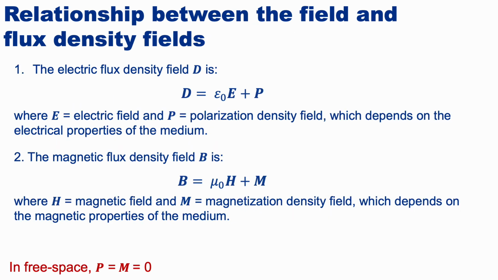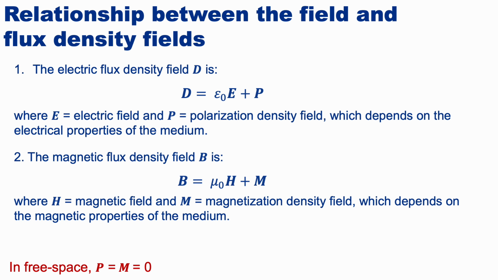Alright, so, relationships. In general, we can consider that the electric flux density and the magnetic flux density have some relationship with the electric field and the magnetic field. The electric flux density is going to be the summation of two terms: some proportionality with respect to the electric field plus a polarization density field. And that polarization density field is going to depend on the electric properties of the medium.